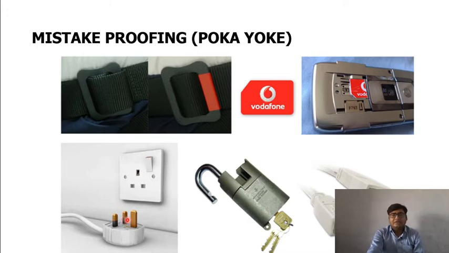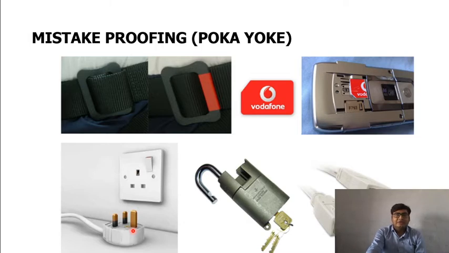You cannot make a mistake in inserting the SIM card. Similarly, in this example, we can see that a 3-pin plug cannot be inserted in a wrong way in a socket. So this is another example of mistake proofing. You cannot make a mistake in inserting this 3-pin plug.